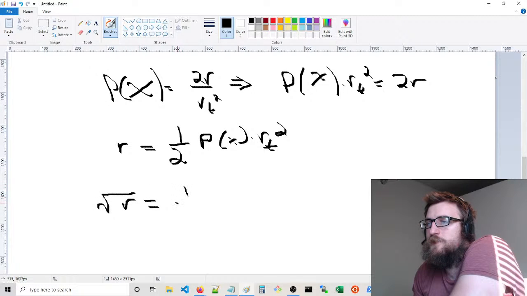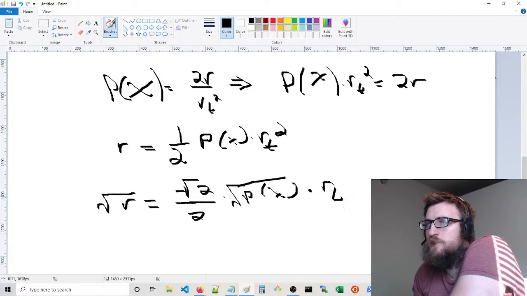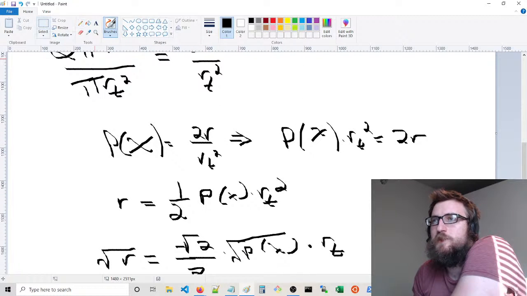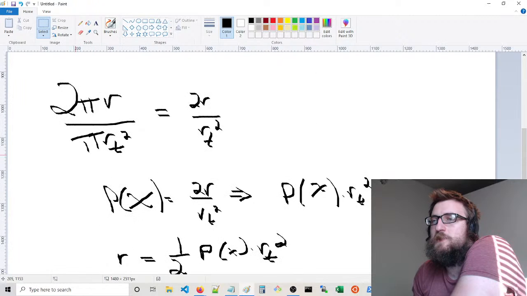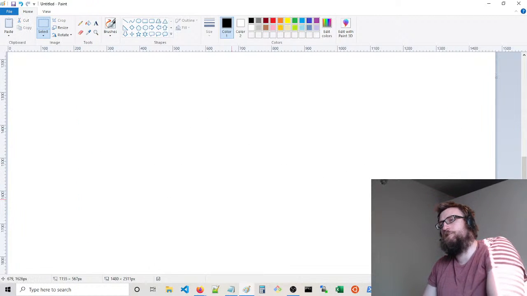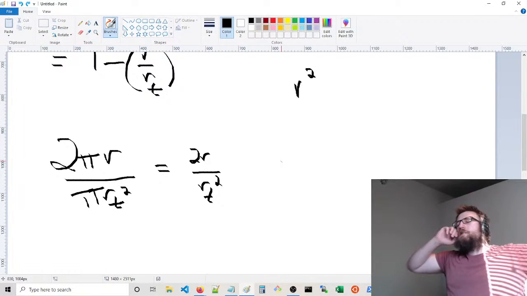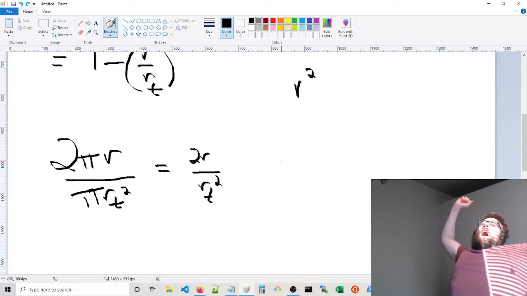Square root of r is... well, this is getting kind of close, but this doesn't seem right either. I don't know, man. There's something I'm not understanding. Like, how do we get this square root in there of this uniform distribution? I don't get it.